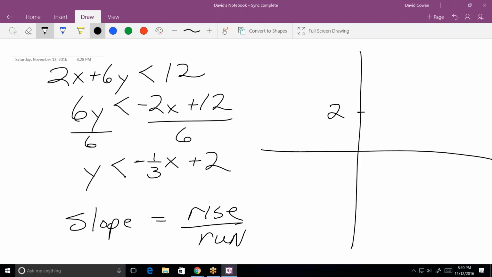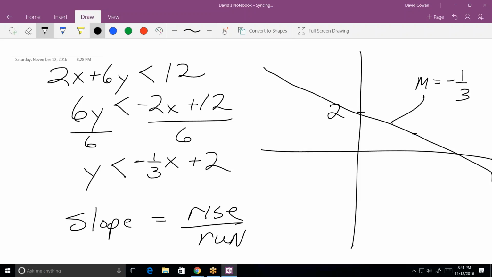But now I've got to go up 1, or let's go down 1 and over 3. Notice that I can do either one. I can go up 1 and left 3. That gives me the same negative slope. Or I can go down 1 and right 3. That creates a negative slope. That slope is negative 1/3.